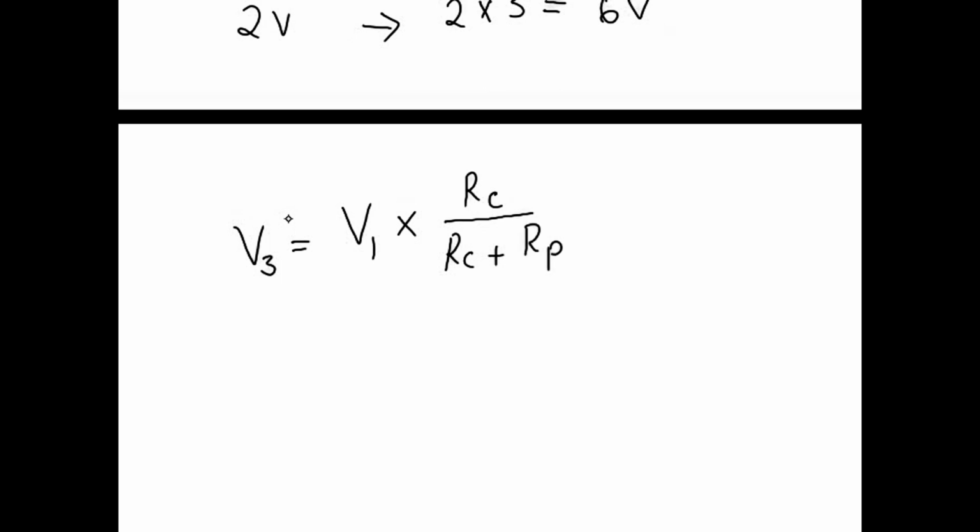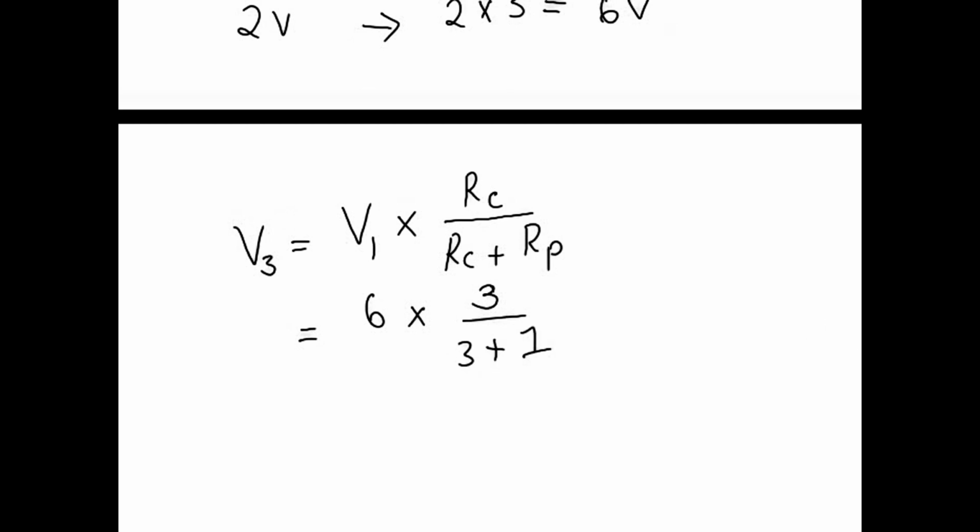So then we just substitute the values that we know. We have 6 multiplied by the resistance on light bulb C. We said that resistance is 3, isn't it? Yes. And then RC is 3, and the resistance RP is 1.